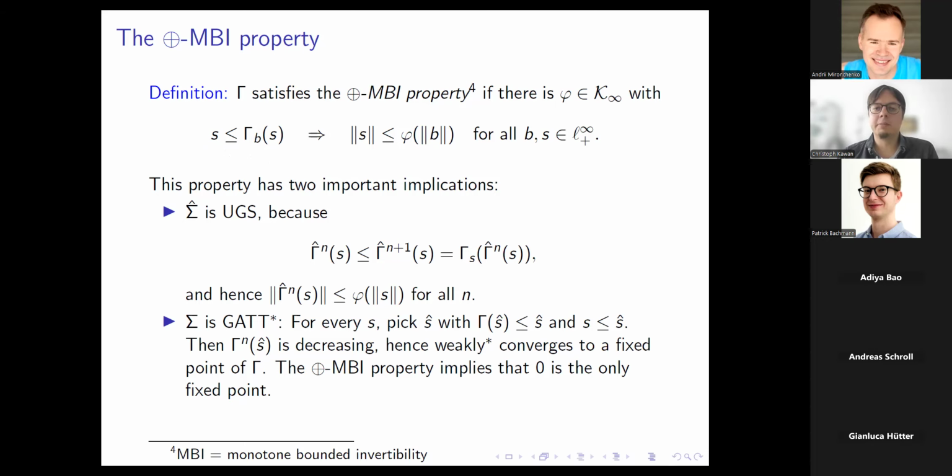So S itself must be 0. That means gamma can have only one fixed point, which is 0, the origin. So this is how you see that the system is globally attractive. Every trajectory must converge weakly star to 0. So we have those two implications from this max MBI property.